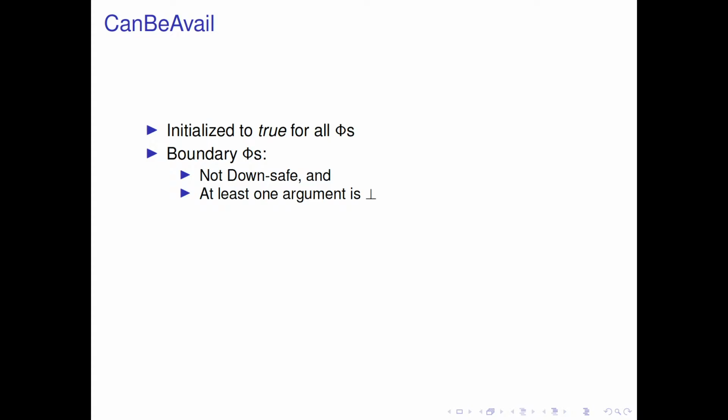So you can find a path coming from the top on which E has not been computed because of this property, and you can find a path toward exit along which it is not down safe, along which it is not computed. That means you can find a path from entry to phi to exit along which there is no computation of the expression. So if I insert my phi or the actual computation here, then it is unsafe. I am introducing a new computation on that particular path. Is this logic clear?